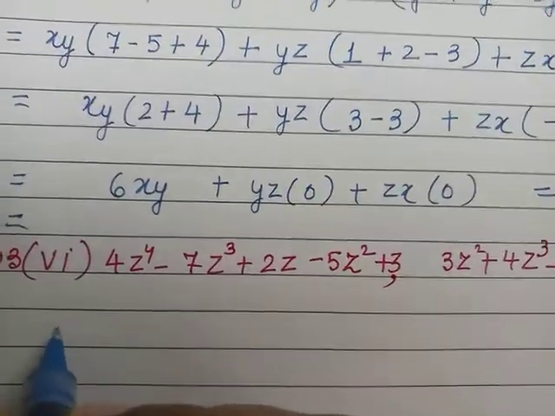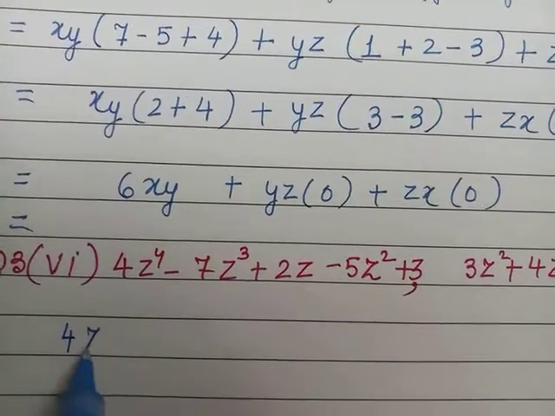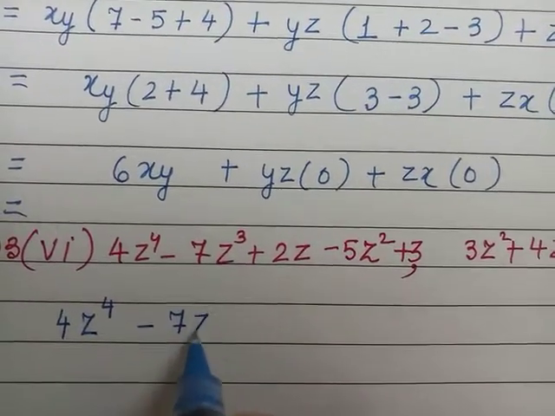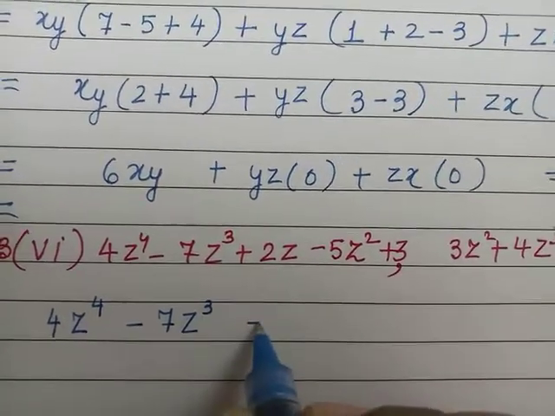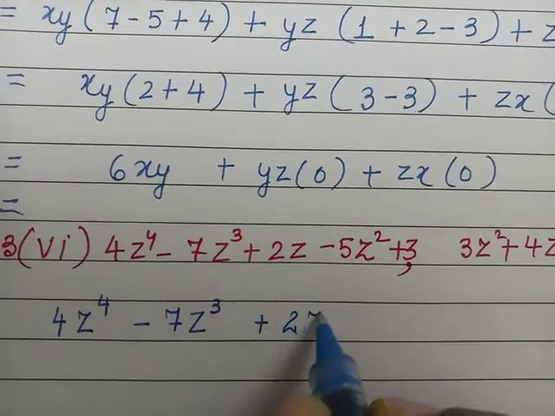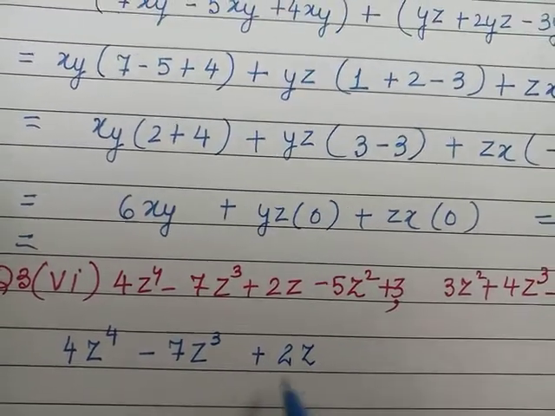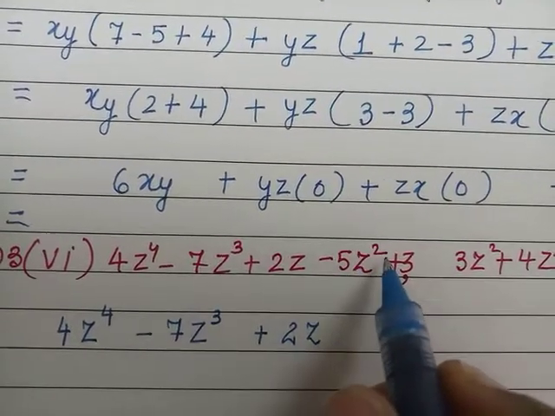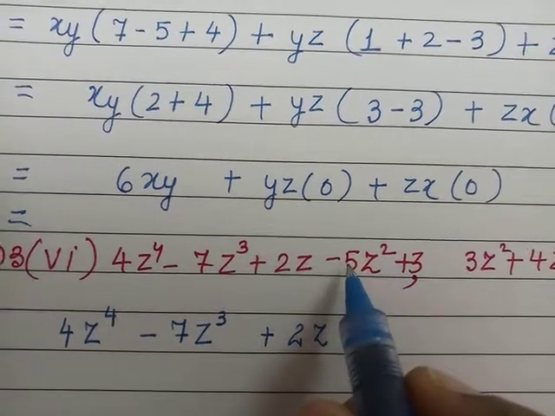Then how we write it? 4z to the power 4 minus 7z cube plus 2z. We'll not write plus 2z, we'll write after power 3, write power 2 term, that is minus 5z square.